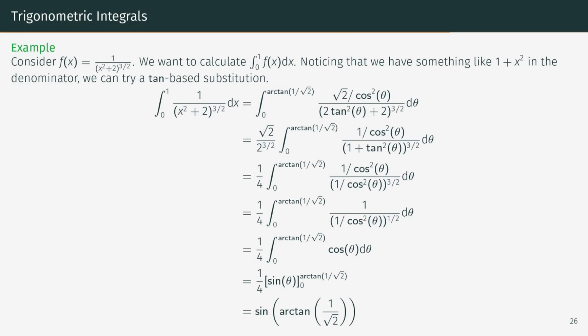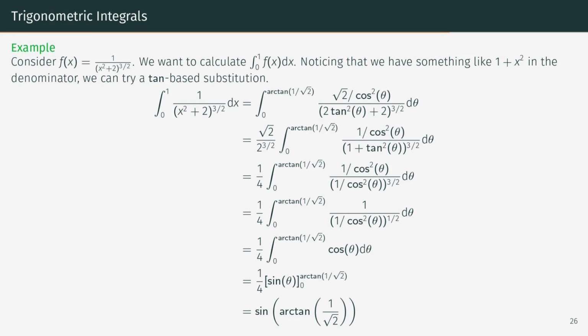Simplifying the constants leads to 1 over 4 times the integral of 1 over cosine squared theta, all divided by 1 plus the tangent squared of theta, all to the 3 over 2 power, d theta.